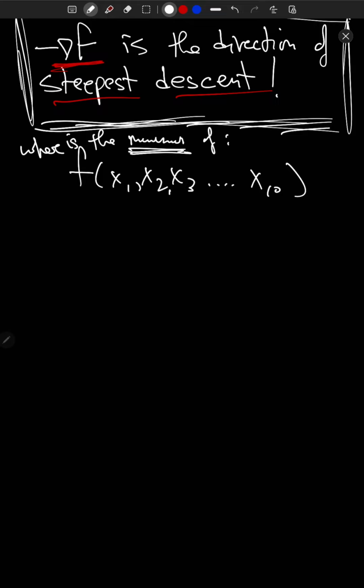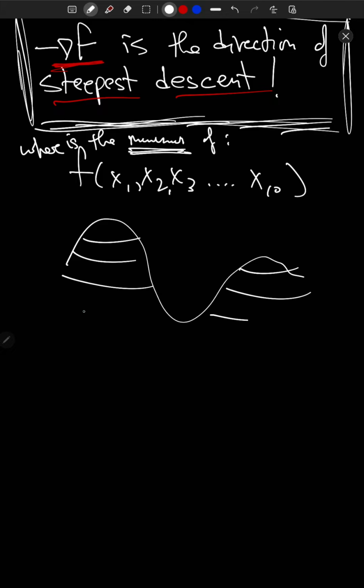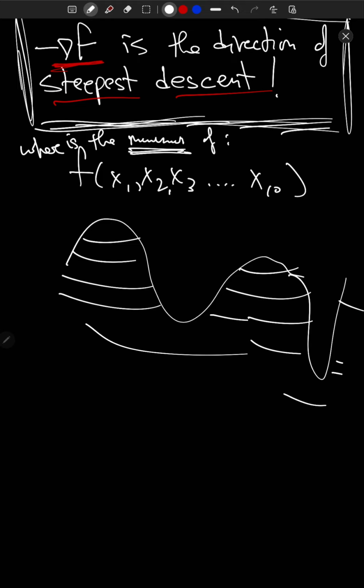Well, think of the hill problem. You've got a hill. Of course, I'm going to draw the picture in the plane as a two variable function. You want to find, let's say, the minimum point on this terrain, and you're here.